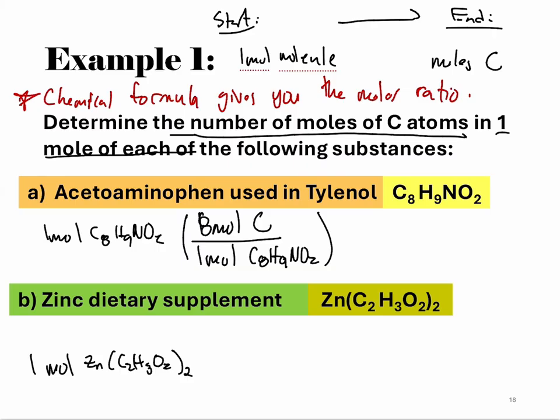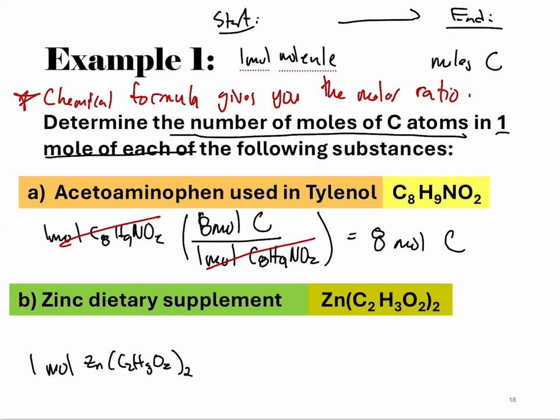And that's either going to be moles of atoms to moles of molecules, or moles of molecules to moles of other molecules, which we're going to talk about shortly. So what happens to the moles of Tylenol in this case? They cancel out, which means that I just have 8 moles of carbon.